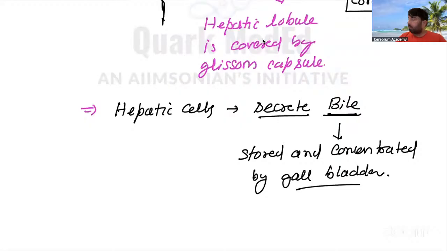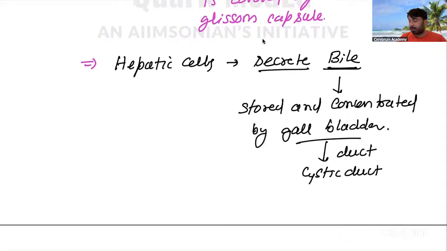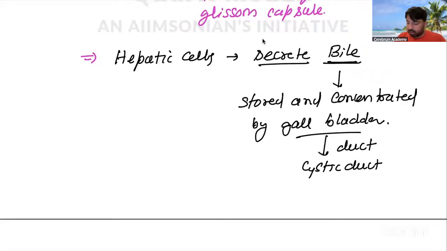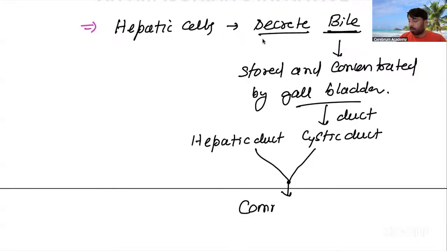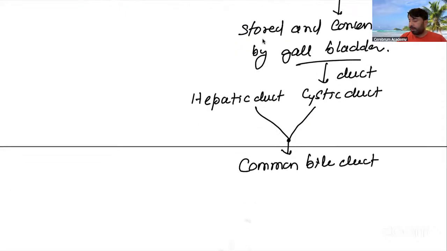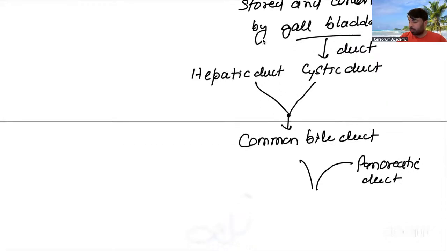And the duct of the gallbladder is called the cystic duct. The cystic duct and hepatic duct join together and form the common bile duct. The common bile duct and pancreatic duct join together to form the hepatopancreatic duct.